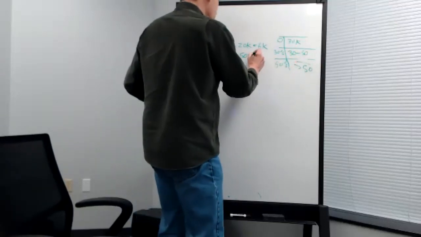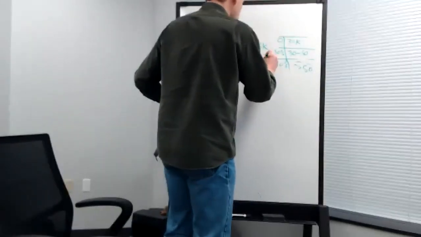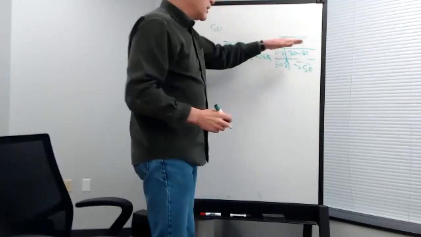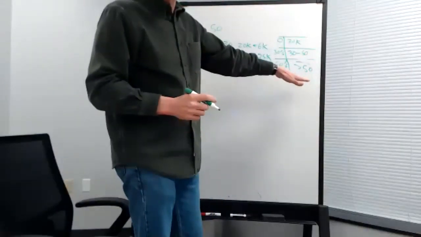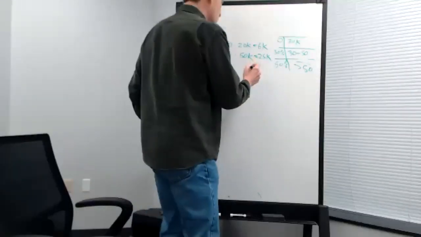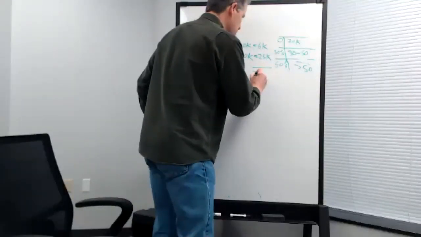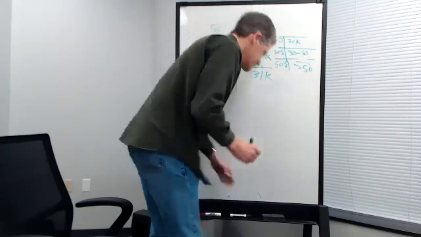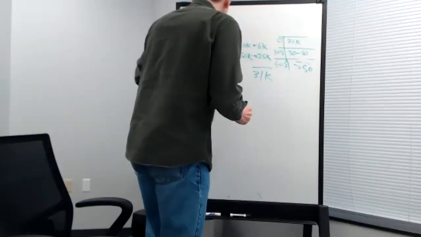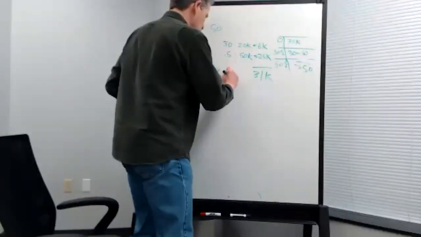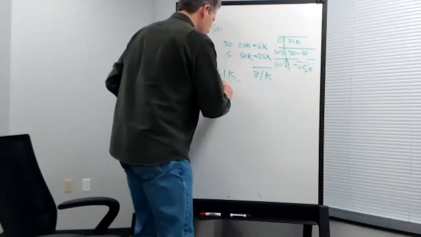And that means you're going to be paying $25,000 in taxes for income above 50,000. And that means your total tax bill is 31,000. And that means your average tax is going to be 31,000 divided by the 100,000 that you're making.